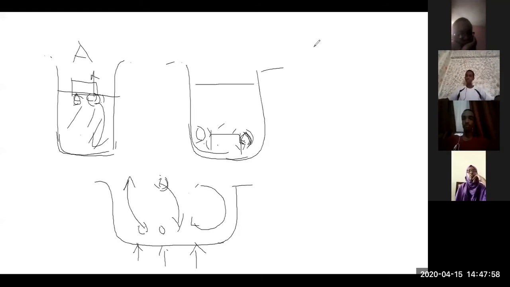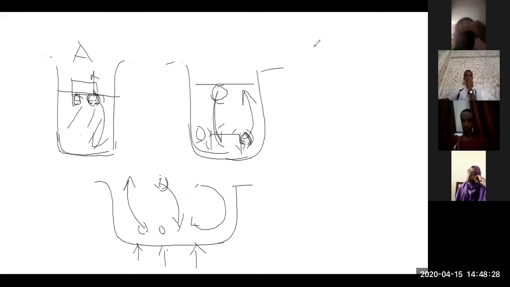For this case here, the molecules at this point are less dense, so they will go up, and the one at the top will come down. So we expect a convection current at this point. Here, we are not going to have a convection current because the ice is going to melt and then remain at the top.